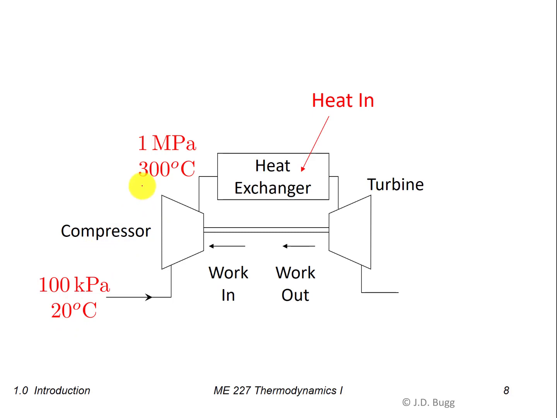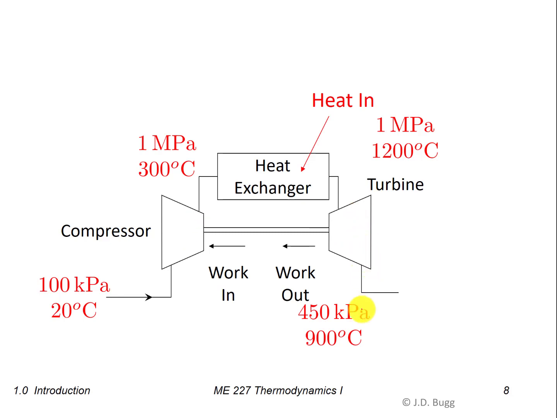So we have hot pressurized air here. We go through the heat exchanger, and the heat exchanger is a constant pressure device, so the pressure doesn't change, but the temperature goes way up to typically 1200 degrees C. So very hot pressurized air here goes through the turbine, and now this turbine only needs to extract enough energy to run the compressor.